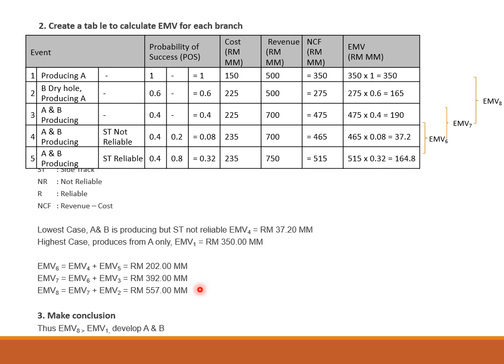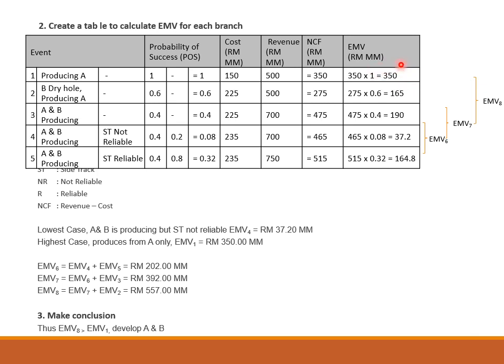All right, to compare, the lowest case is A and B producing, but the sidetrack is not reliable. So EMV4 equals to 37.2. This is the lowest case, right? The lowest EMV. The highest case will be produced from A only, and the EMV is 350 million. Okay.